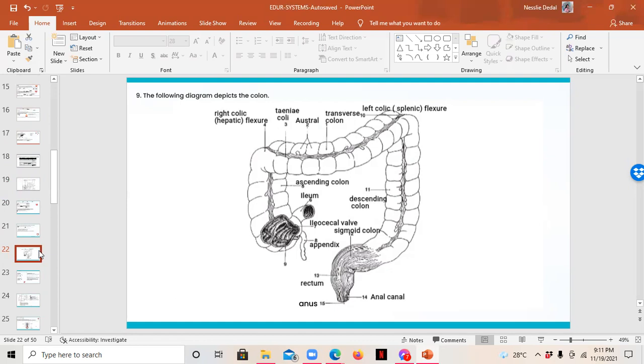Number 4 is right colic or hepatic flexure. Number 5 is ascending colon. Number 6 is ileum. Number 7 is ileocecal valve. Number 8 is appendix.